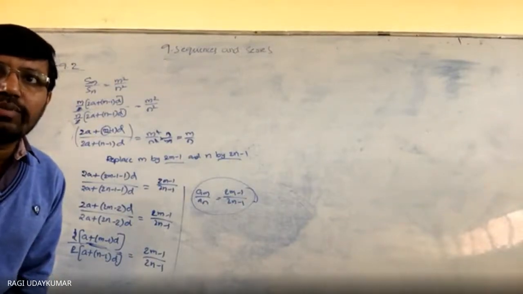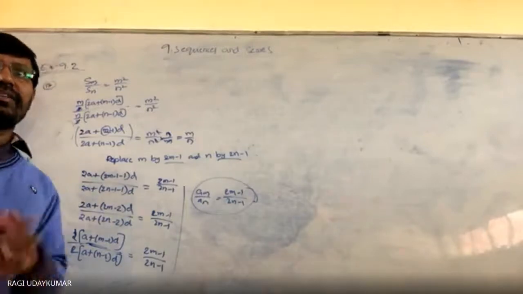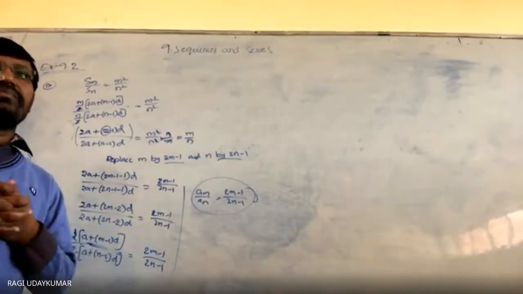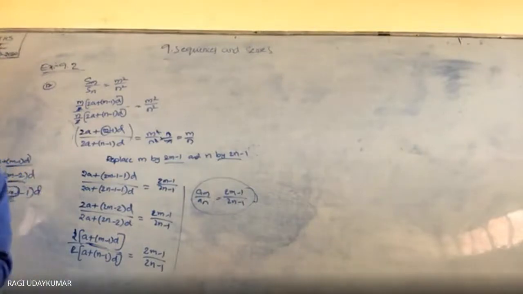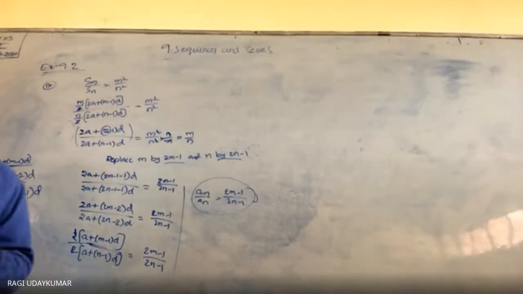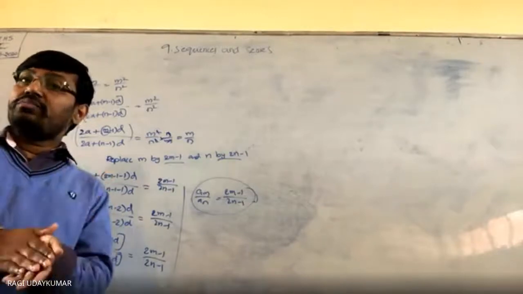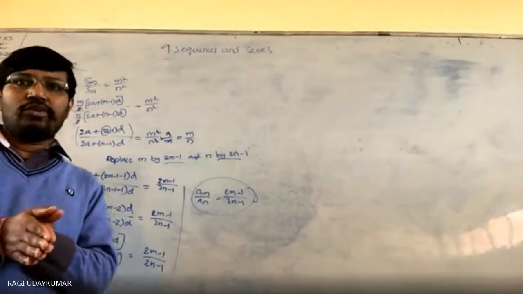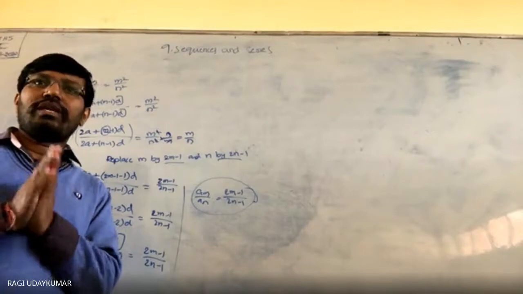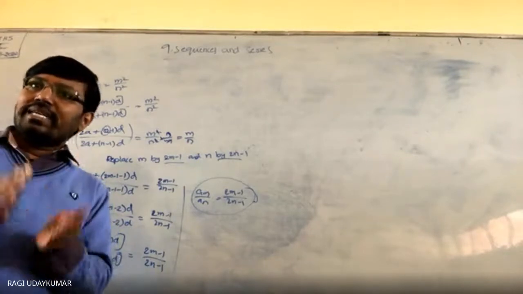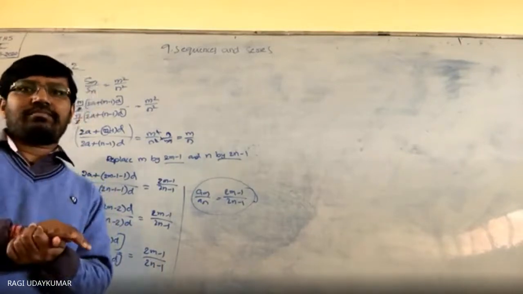Next, the 13th problem is given to you. The sum of the n terms is given to you, and the mth term is given to you, and you find the value of m. So Sn is given to you. From that itself you are going to get the mth term.